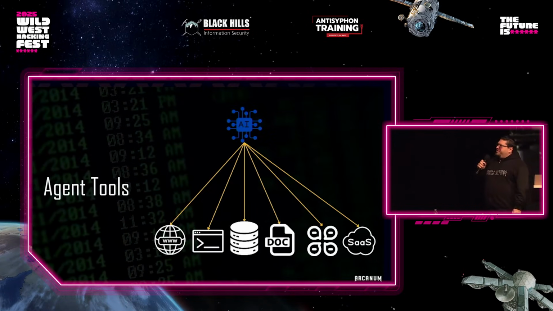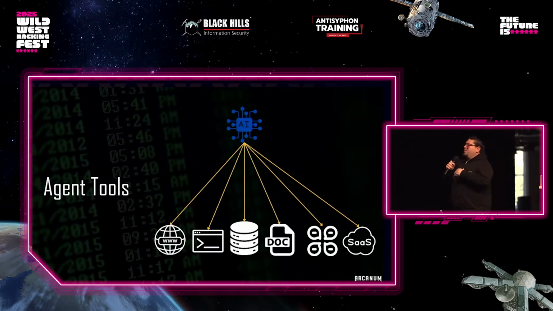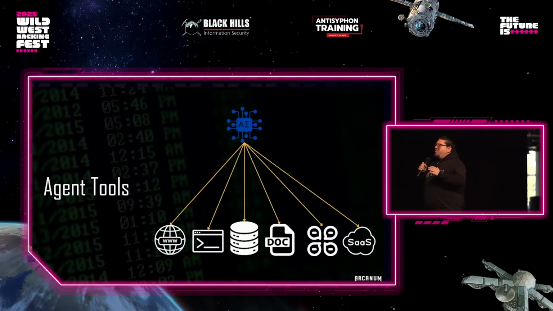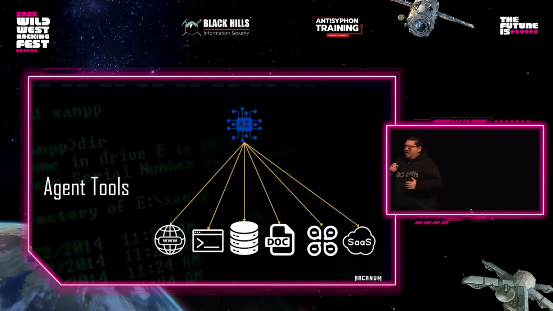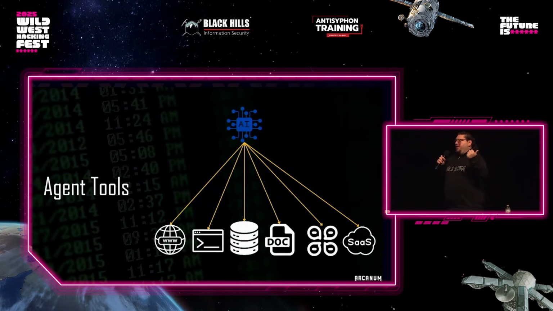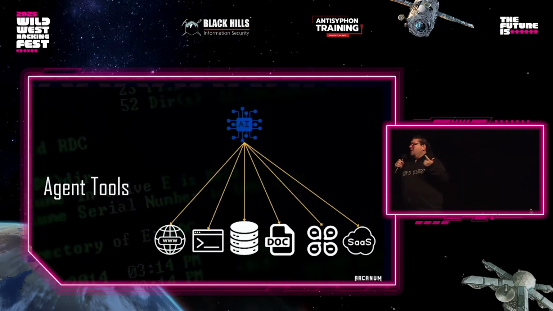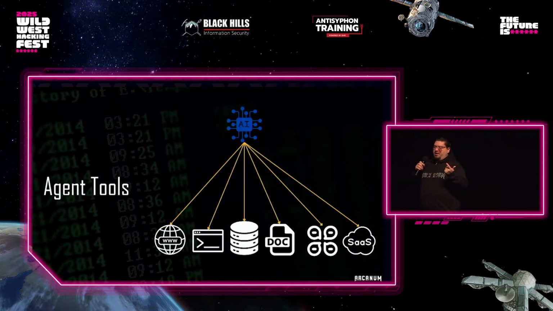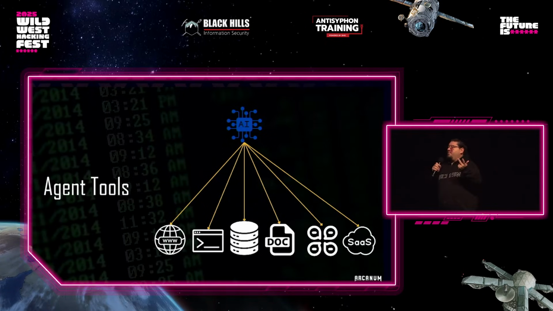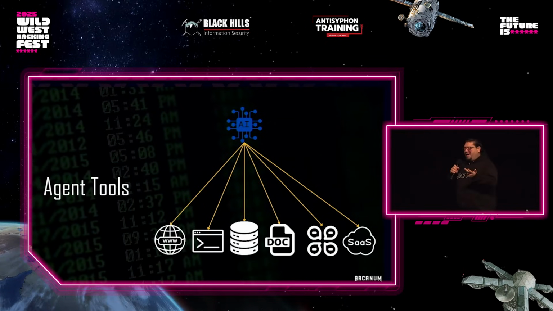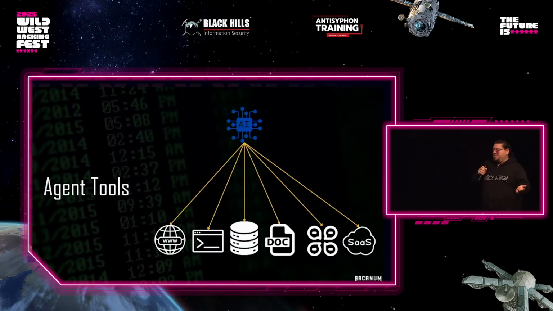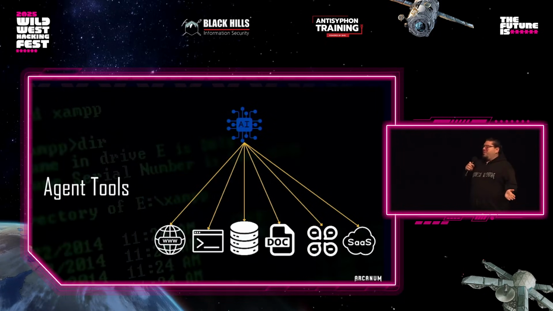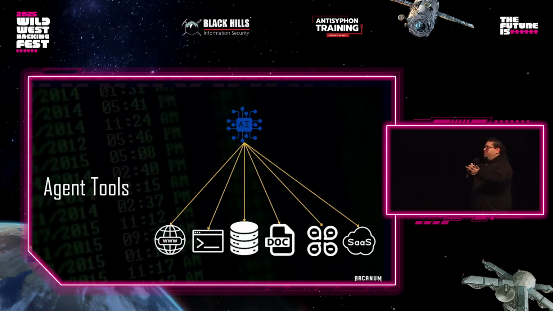Now, those AI agents on the back end, they can do all kinds of great stuff. And these are normally what we're trying to attack when we're doing an AI pen test. Because these agents have capabilities like being able to browse the web, being able to execute code in a sandbox that you hopefully can break out of, being able to execute queries from a database, being able to create documents, being able to send chat messages, and being able to interact with other APIs like Salesforce or ServiceNow or Confluence or Jira or things like that.